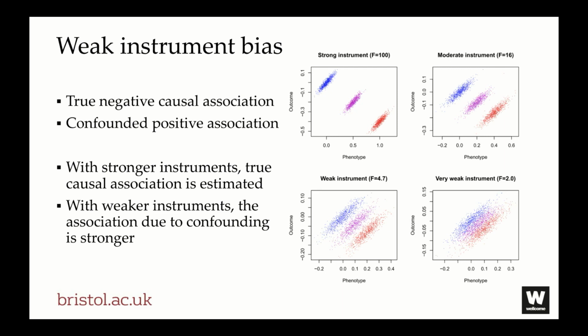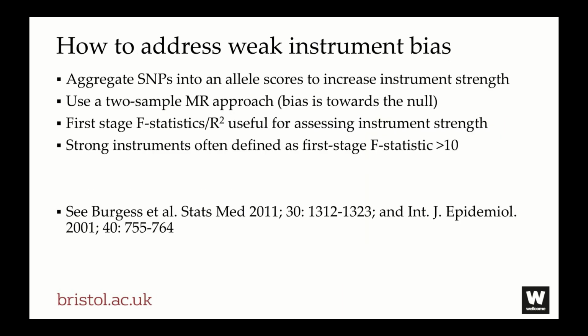Essentially, it's just how strong your instrument is, and usually people say that if it's above 10, then it's a good, strong instrument. And Steve Burgess has done a couple of papers that have given some theory about why this is the case.